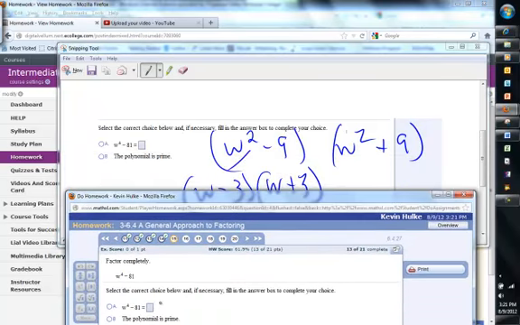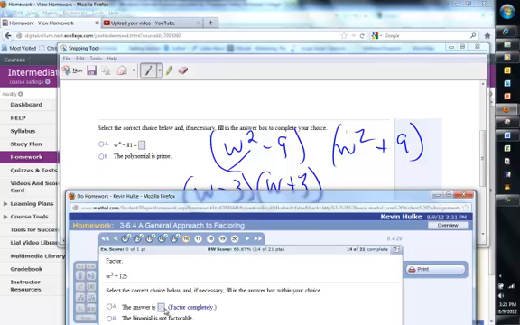So you have parentheses w minus 3, w plus 3. And remember, the last part isn't factorable because w squared plus 9 has to be a difference of two squares, not a sum of two squares.